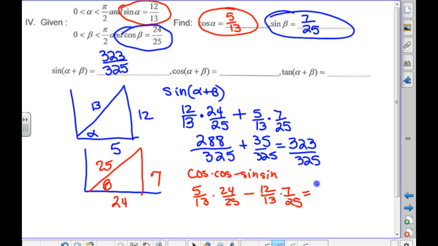So what are we getting here? 120 over 325 minus 84 over 325. Did anybody else get that? Did I do one wrong? Is that wrong? 12 times 7? No, it should be 84. That's what I have. Okay. 120 minus 84 is 36 over 325.